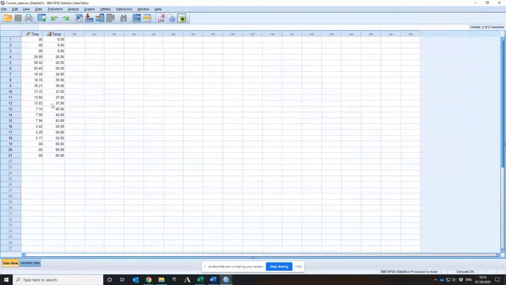Once you've got it into SPSS like this, it's very clear what you're studying and what your dependent and independent variables are going to be, and what kind of plots you can do, and if you want to do scatter or so on. SPSS makes it clear what analysis you need to do, and it makes it very easy to carry out that analysis. And that's why I want you to use SPSS and not Excel.